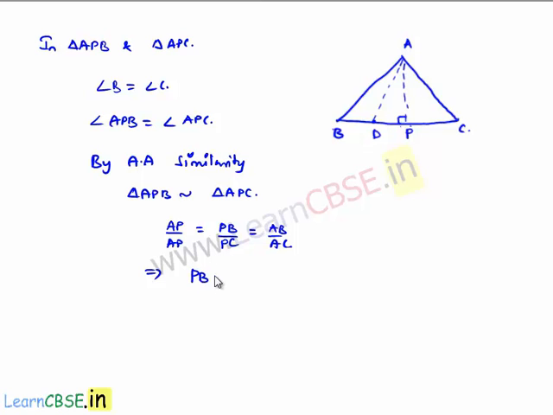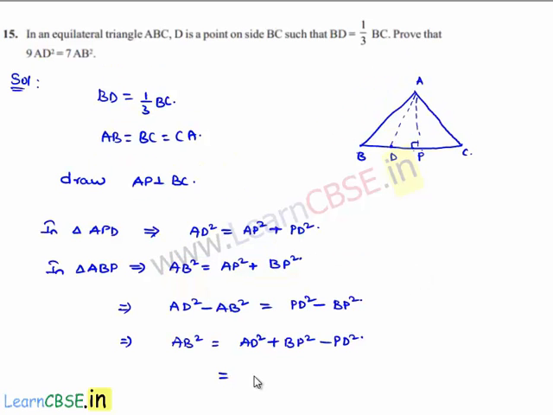So we can say that PB will be equal to PC, that will be equal to half times BC. So this is in order to prove that PB is equal to half times BC. AD square, let it remain as it is, and BP, as AP is an altitude, we can say that it bisects BC perpendicularly.